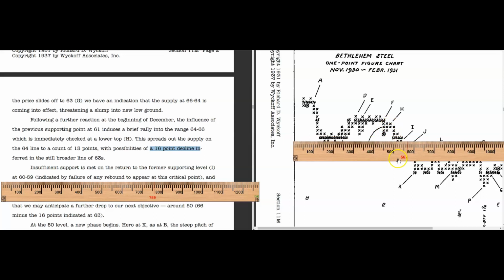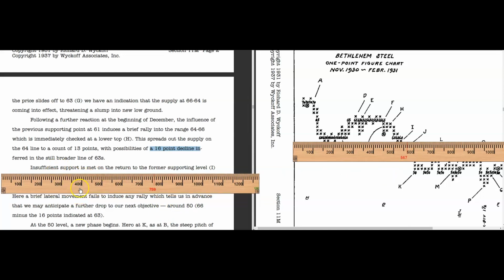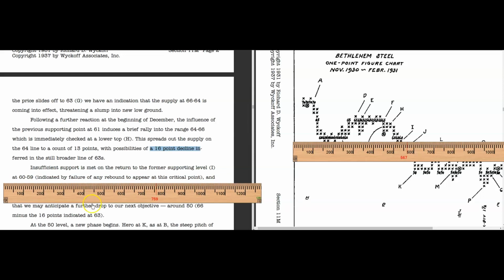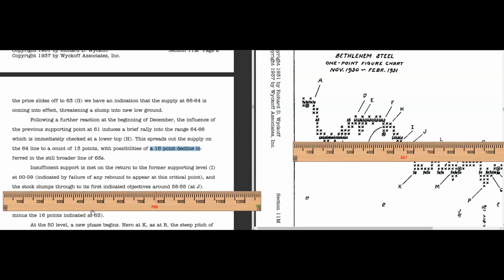But when it hit the extreme low of 59, which is the price support, do you see any type of bounce? No. What does that mean? Insufficient support. That means it's insufficient support. There's no demand there. And the stock slumps through this first indication objective around 58 to 55.